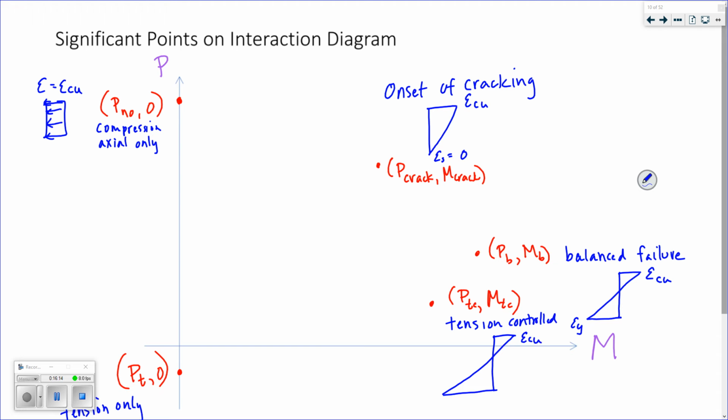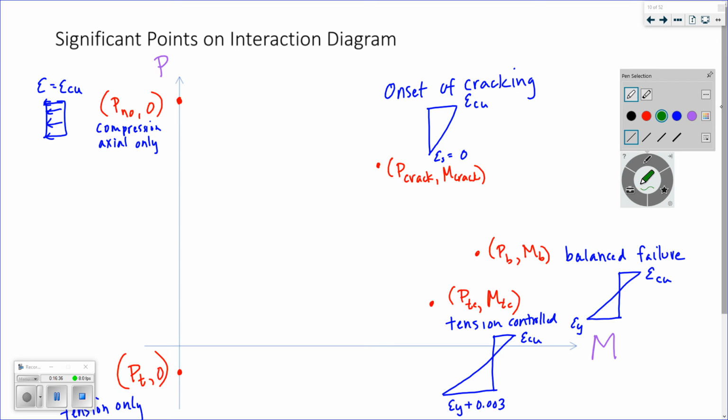So I'm going to have my failure of concrete at the top. My strain in my steel is EY plus 0.003. Tension controlled, my phi, if you want phi, is equal to 0.9.